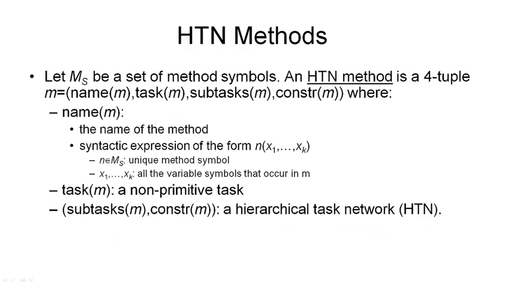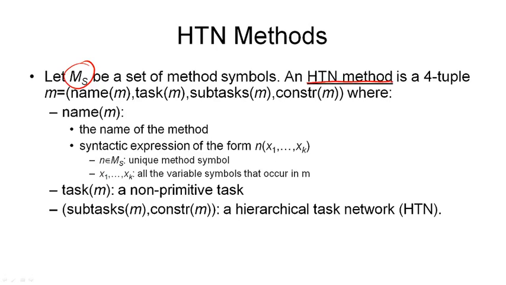Although I won't go into as much detail as before, I at least wanted to give you a flavor of what HTN methods look like by presenting you with a formal definition here. This will allow you to at least contrast STN and HTN methods. So we start off with a set of method symbols that we use to uniquely name our methods, just as for STN planning. Then we say an HTN method is a 4-tuple consisting of four things.